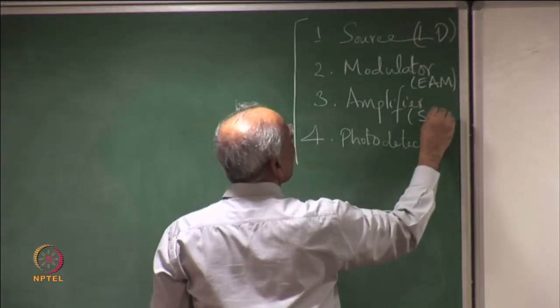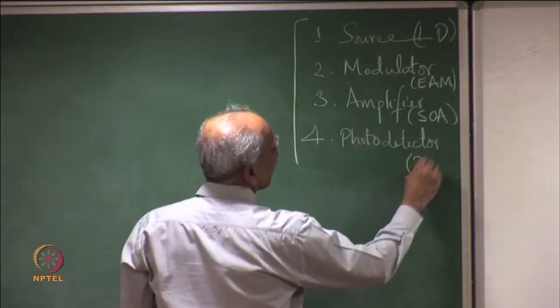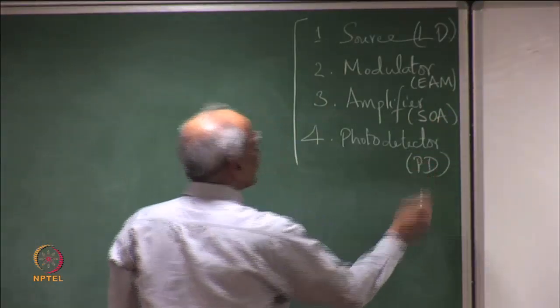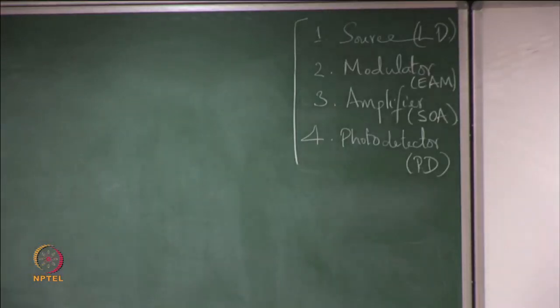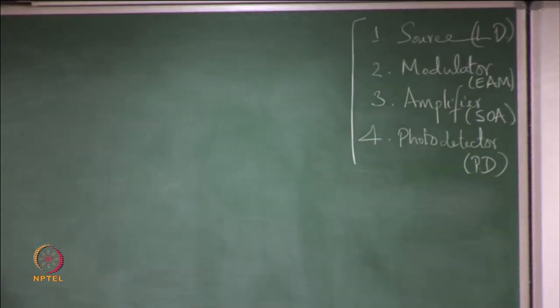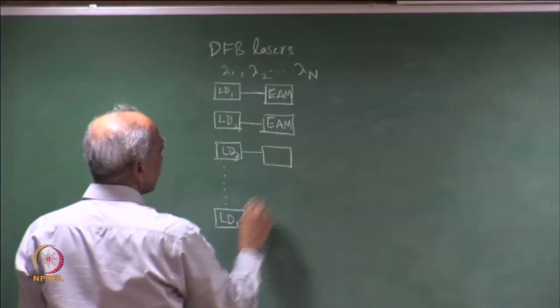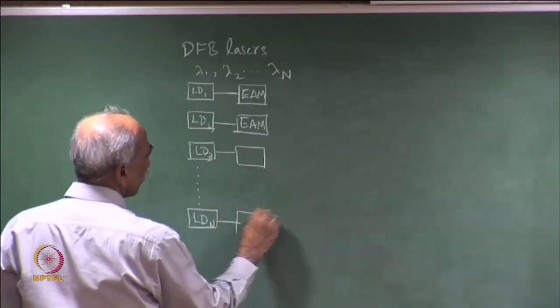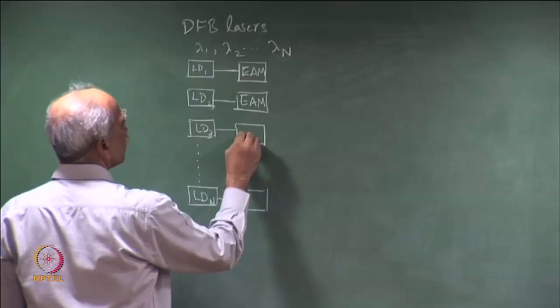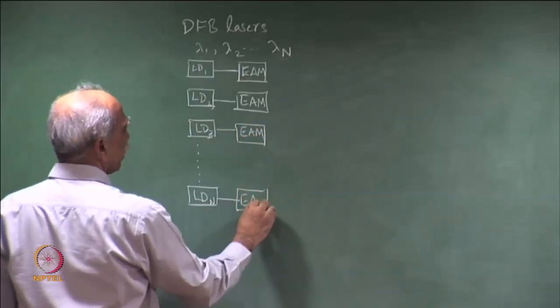This is an SOA amplifier, and this is a photo detector, maybe pin or a. So, EAM electro absorption modulator, EAM 1, 2 and so on. So, let me write it EAM.